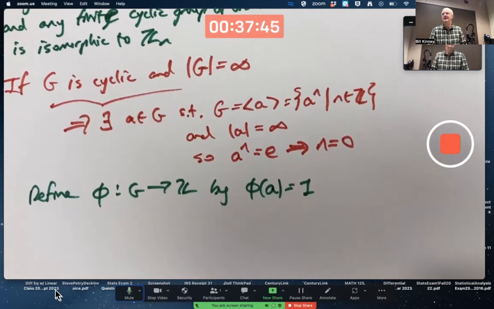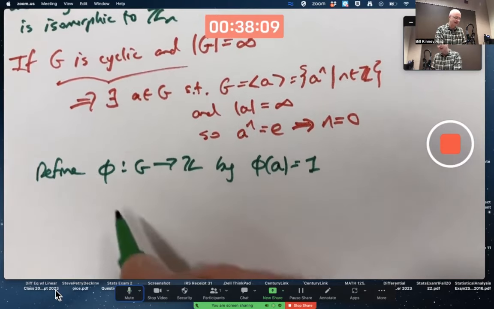But wait a minute, that's only saying what A maps to. What about everything else? What about A squared and A cubed, etc.? Well, wouldn't it make sense to map A squared to 2 and A cubed to 3 and A to the 4th to 4, maybe? A to the 0 power to 0, A to the -1 power to -1, etc. Yeah, that's what you do.